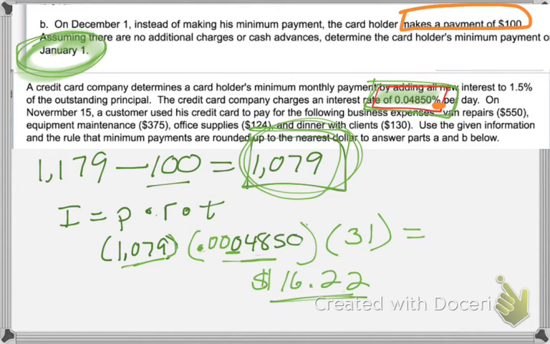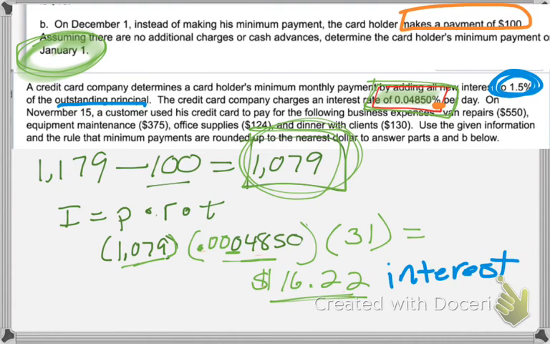So he's got to pay that interest. But remember that the company also asks him to pay 1.5% of his outstanding principal. So we're not just paying the $16.22 in interest. We also need to go back and figure out what is 1.5% of what he owes.